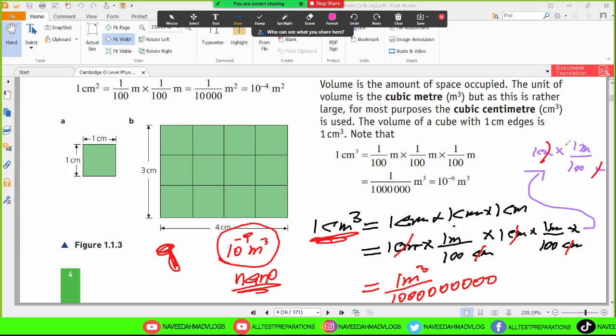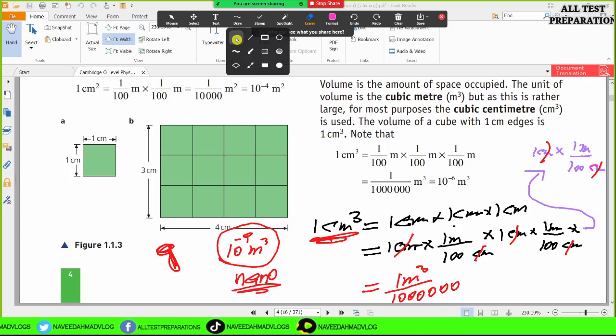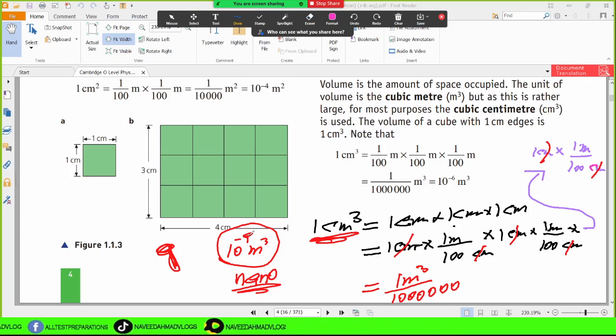I said there would be 6 zeros for a million, but here there are only 3 zeros written. If you do the mental multiplication, 1000 times 1000 times 1000 will give you 10 to the power of 9, giga.